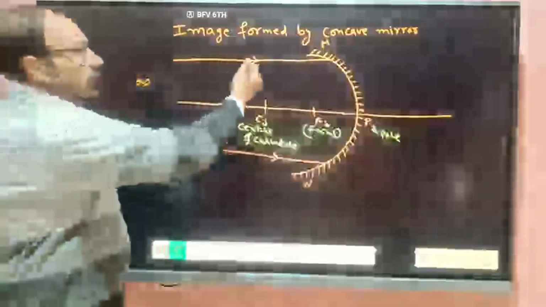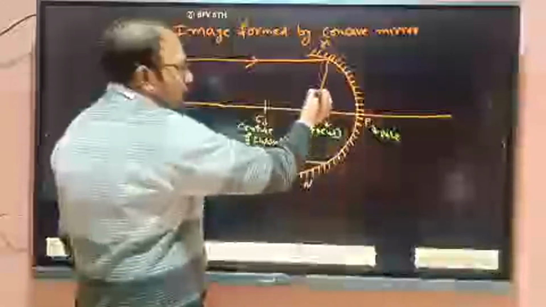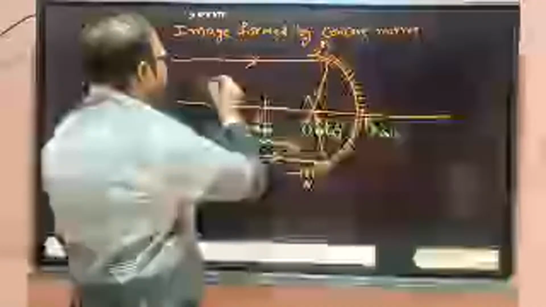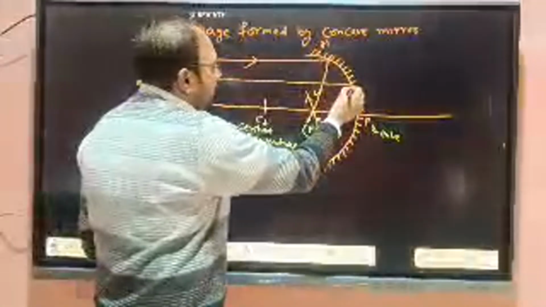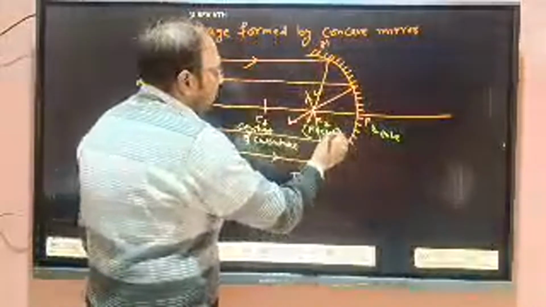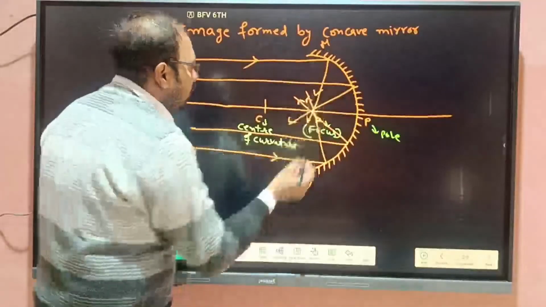After the reflection they pass through the focus, like this and like this. Another ray also comes like this, and these rays pass through the focus. So the image forms at the focus.